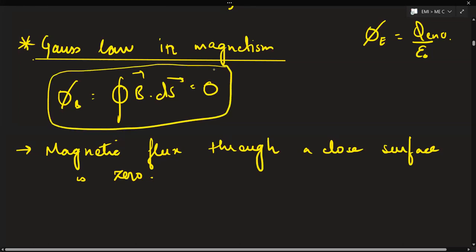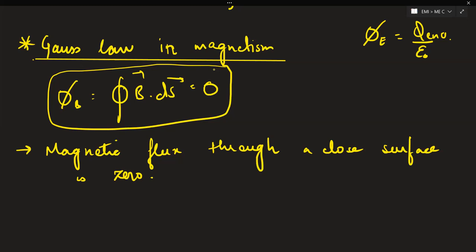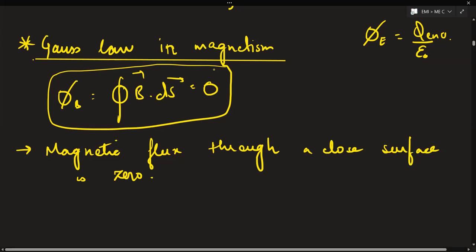A few things in EM waves repeat this Gauss law in magnetism, and Maxwell's equations will come, which we will see later. But remember, this will be used again. So this shows that magnetic flux is 0. Why are we getting this? There should be some reason. The reason is that magnetic monopoles do not exist.